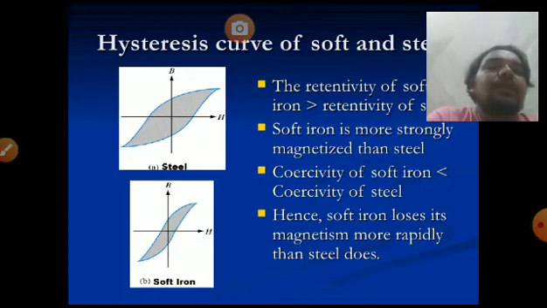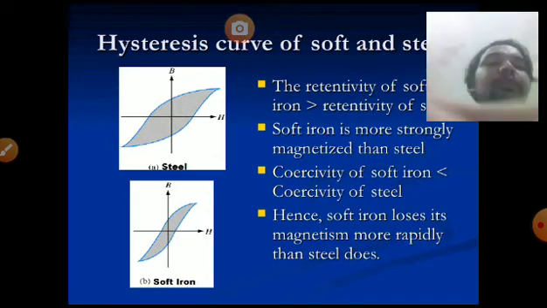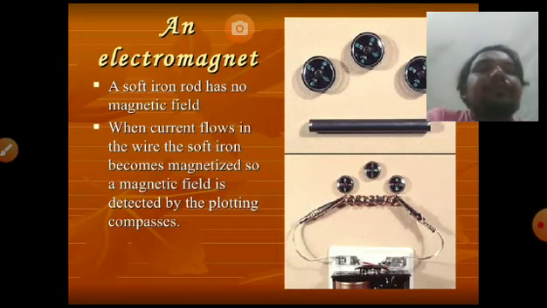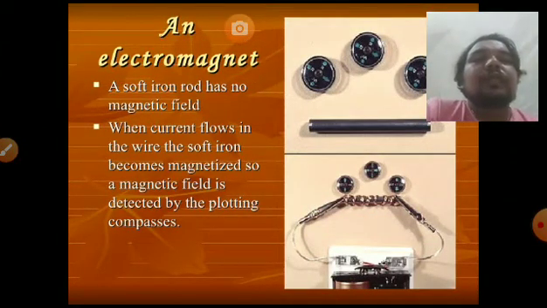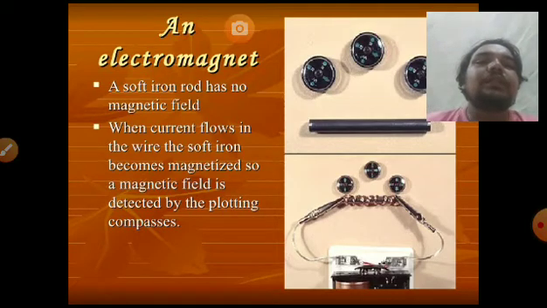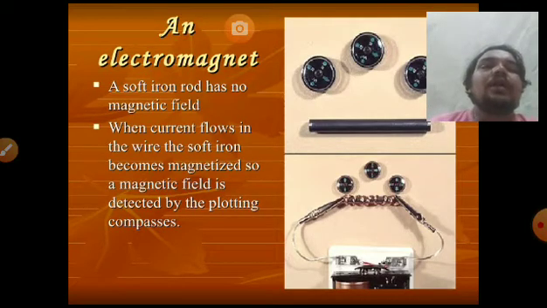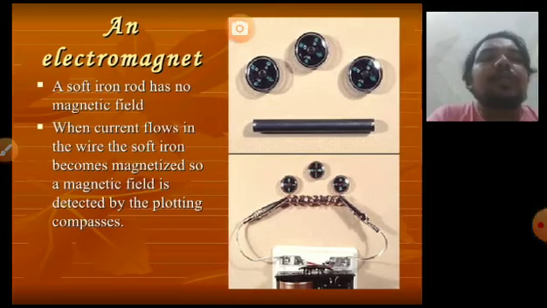Hence, soft iron loses its magnetism more rapidly than steel does. In an electromagnet, a soft iron rod has no magnetic field. When current flows in the wire, the soft iron becomes magnetized, so a magnetic field is produced.